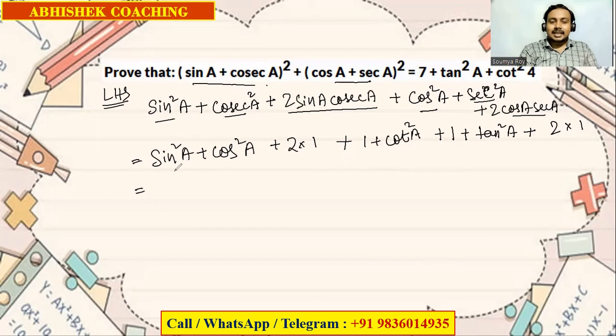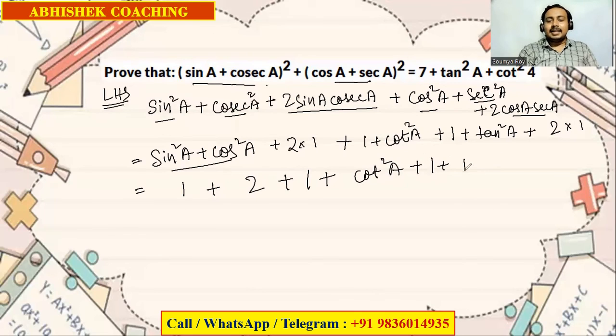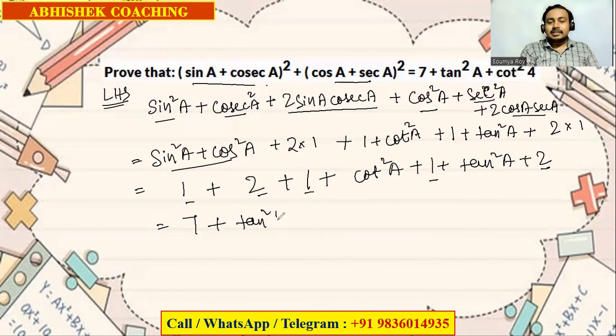So here sin square a plus cos square a, I get a 1. Here I get a 2. Here I get a 1. Here I get a cot square a. Again a 1. Again tan square a. And again 2. So let's add up 2 and 1, 3 and 1, 4 and 1, 5, 6 and 1, 7 plus tan square a plus cot square a.